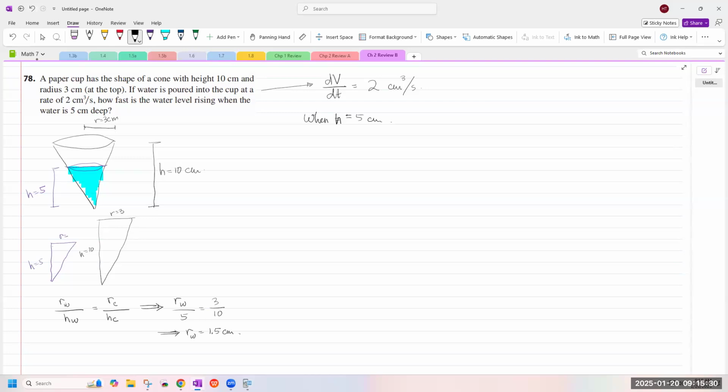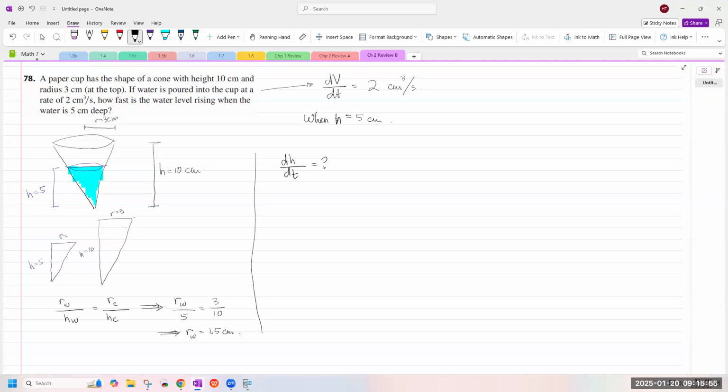Okay, what we are interested in is the change of how fast the water level rises. So we want to find dH/dt equals what? So at that time, how fast the water level increases.